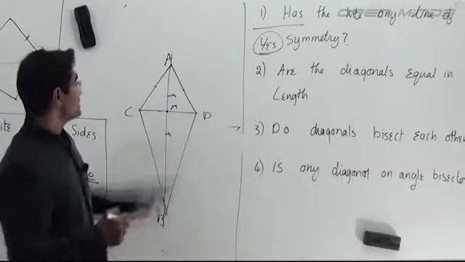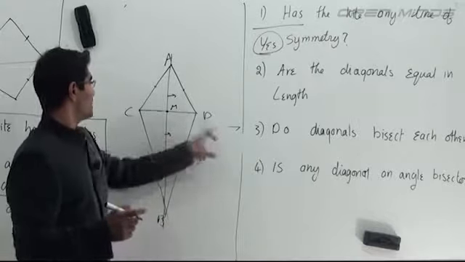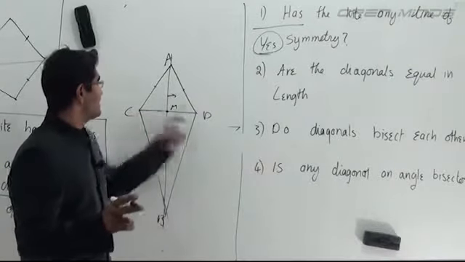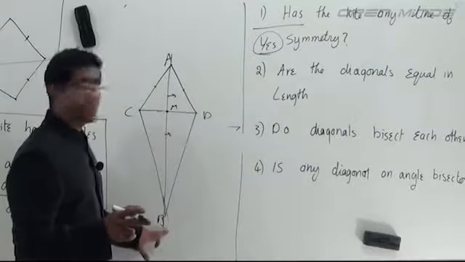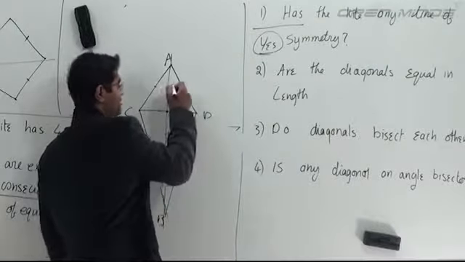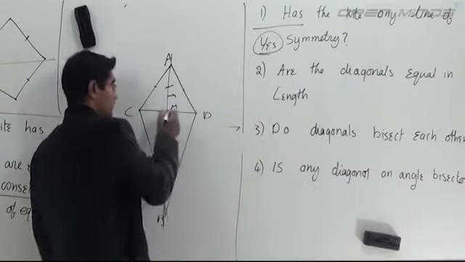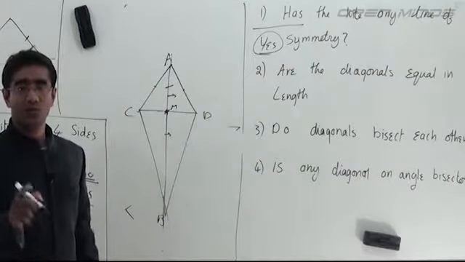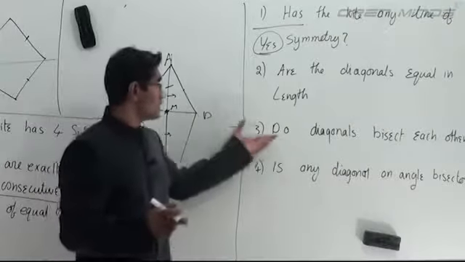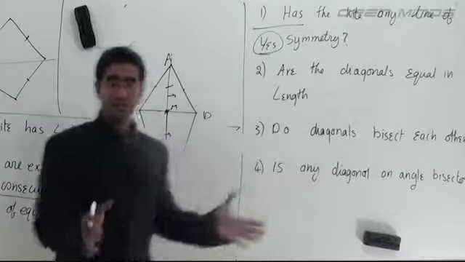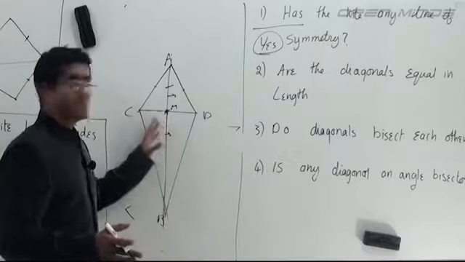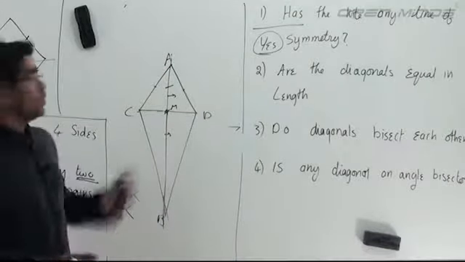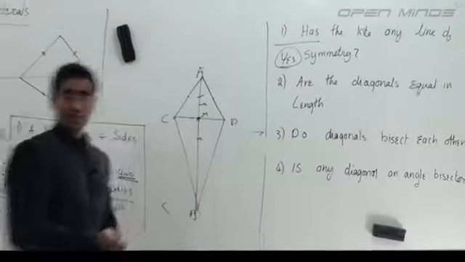But CD is not bisecting AB, because this length is small and this length is big. So not each other; one of the diagonals bisects the other. The symmetric diagonal bisects the non-symmetric diagonal.